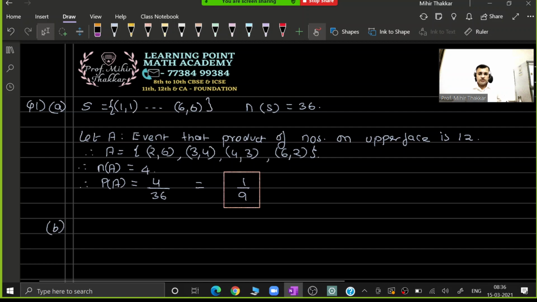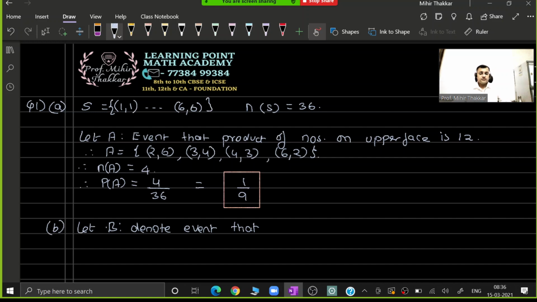We will say over here that let B denote the event that the sum of numbers on the 2 dice is equal to 10.